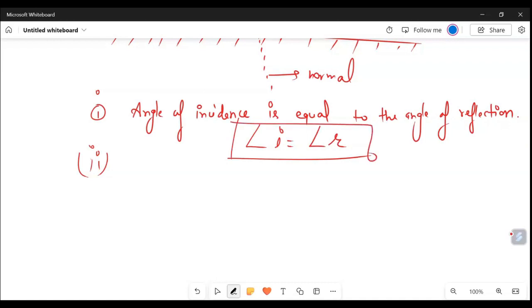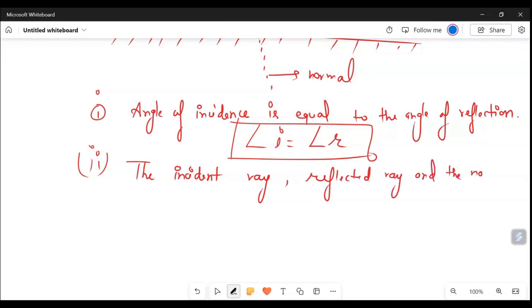The second law is that the incident ray, reflected ray and normal at the point of incidence all lie in the same plane.